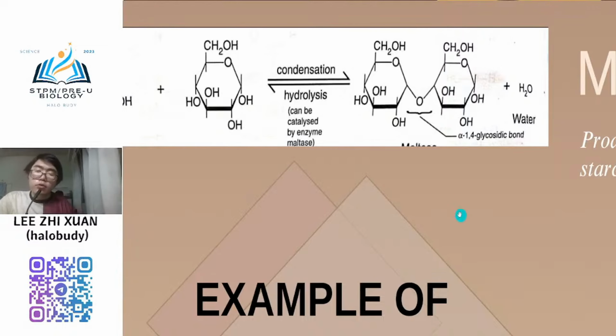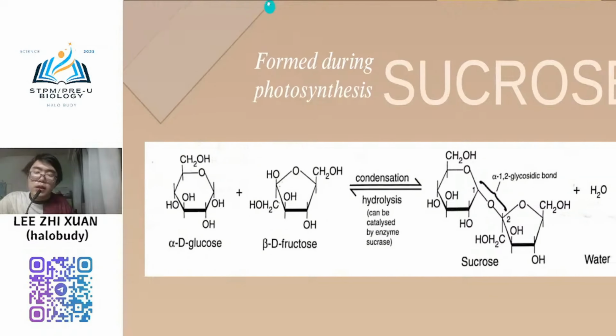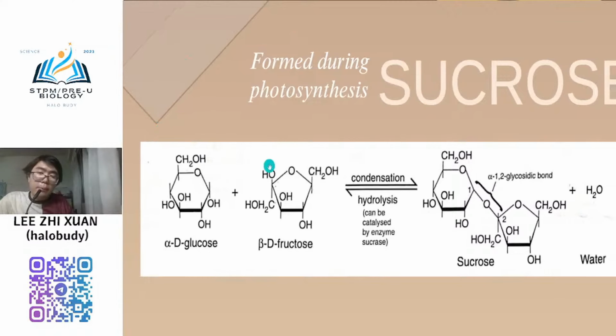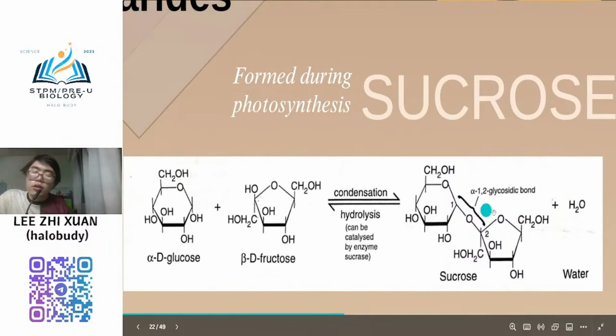But if you go to the sucrose molecule, carbon number 1 of the glucose and carbon number 2 of the fructose, the aldehyde group and the ketone group, are both already involved in the glycosidic bond. So sucrose does not have any free aldehyde or ketone group.